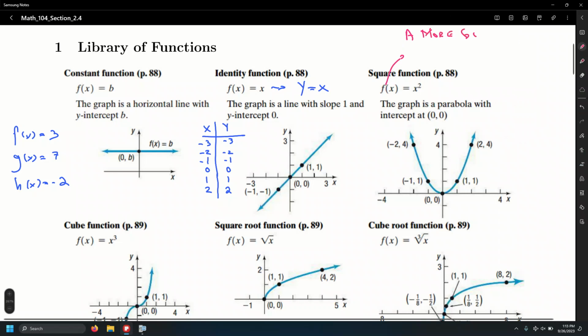A more general case will be some function f of x of the form ax squared plus bx plus c. That is a quadratic function that contains not only the square term but also all the terms that are lower in degree than the square.